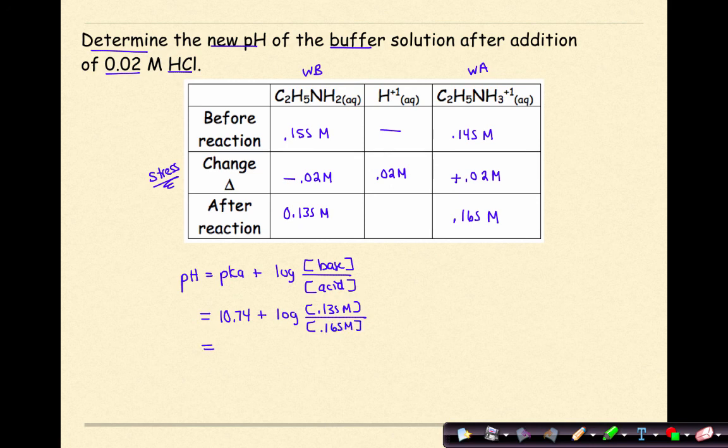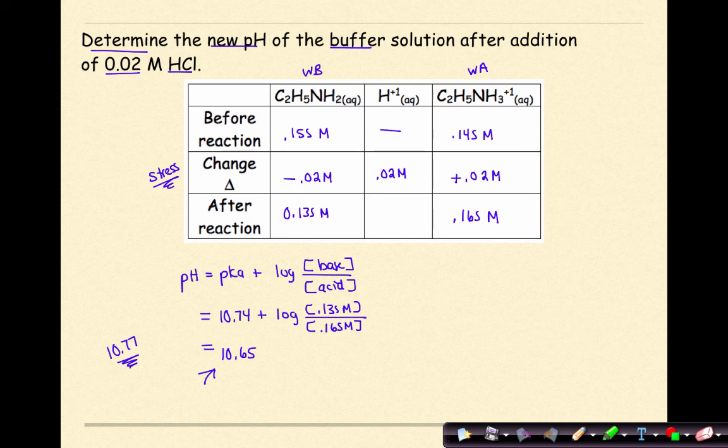And if I work all that out, I get a new pH of 10.65. This is in comparison to my original pH before the acid was added, which was 10.77.